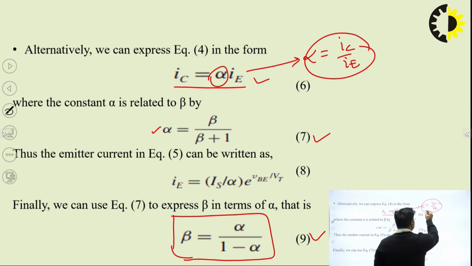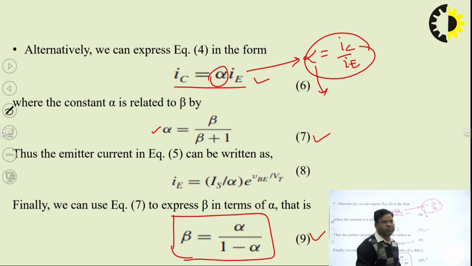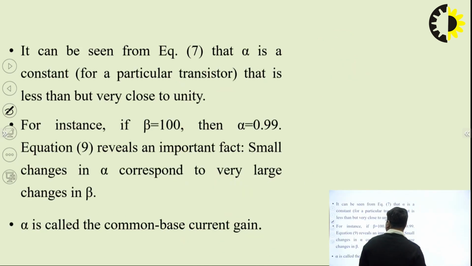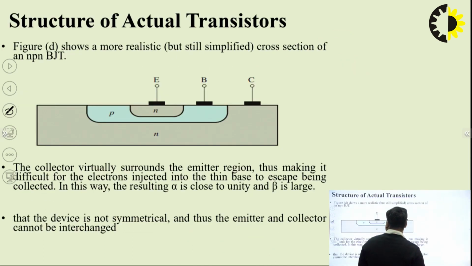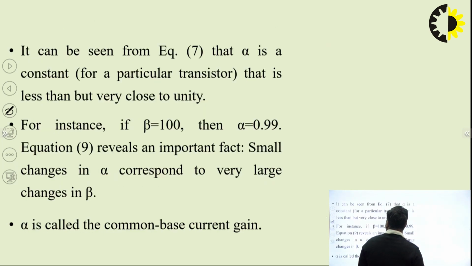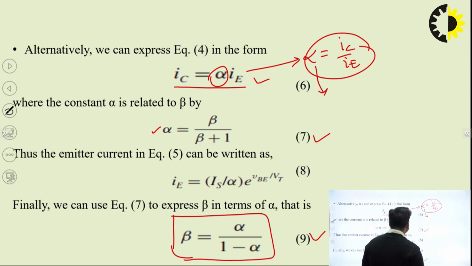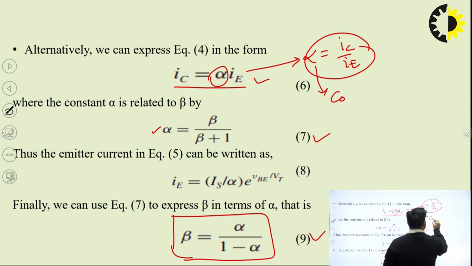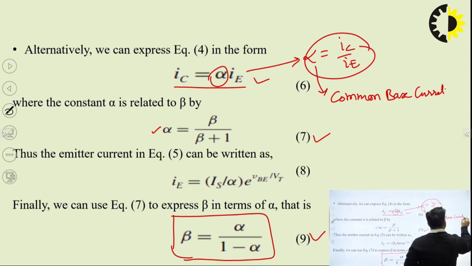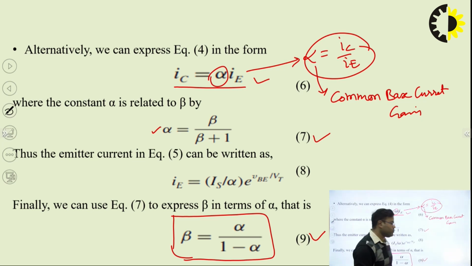So it is known as current transfer ratio. Also it is known as common base current gain.